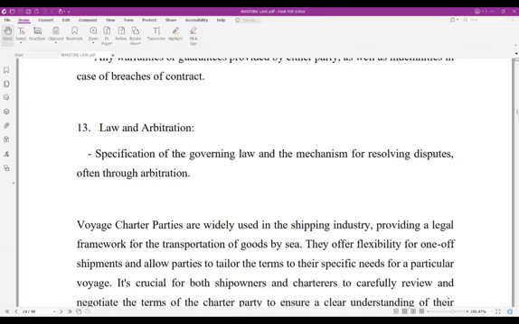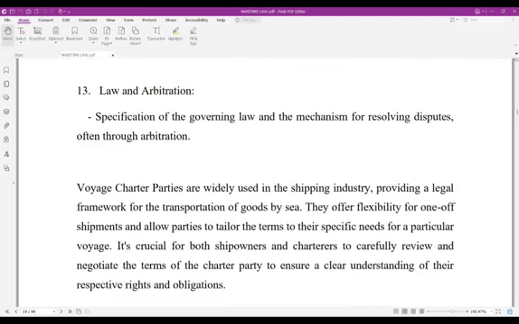Voyage charter practices are widely used in the shipping industry, providing a legal framework for the transportation of goods by sea. They offer flexibility for one-off shipments, first payment at once, and allow parties to tailor the terms to their specific needs for a particular voyage.